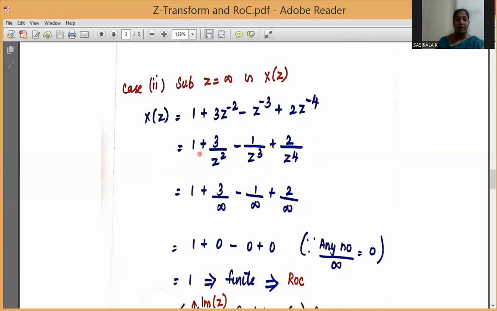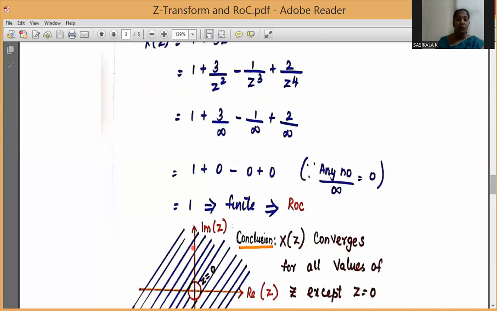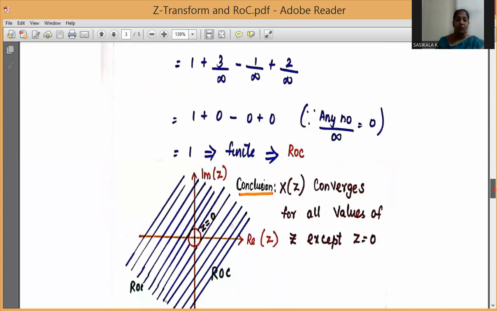Now this can be written as 1 plus 3 by z square minus 1 by z power 3 plus 2 by z power 4. Wherever you have z, it is replaced by infinity, and anything by infinity is 0. So you'll be getting 1 plus 0 minus 0 plus 0, which is 1. So 1 is a finite value, so it is an ROC.